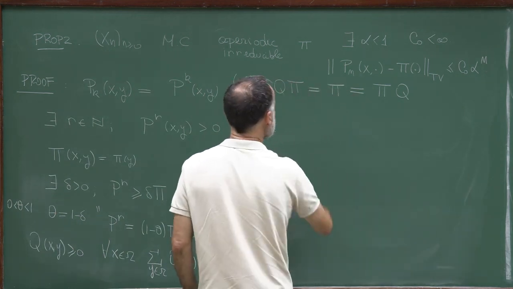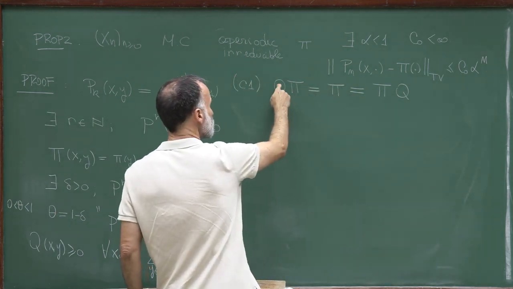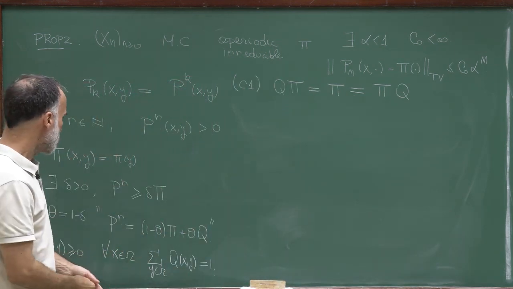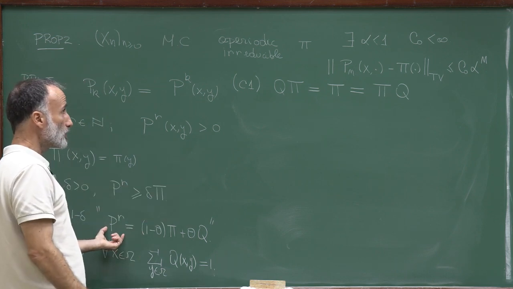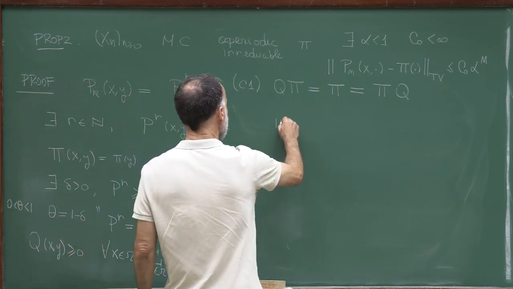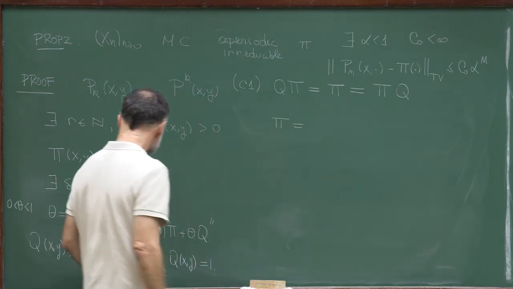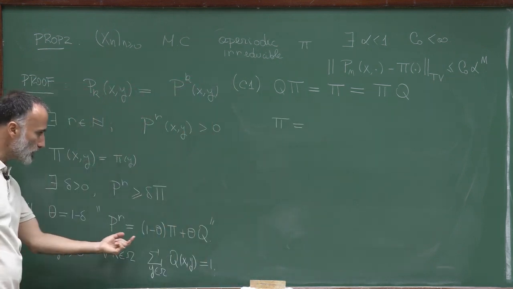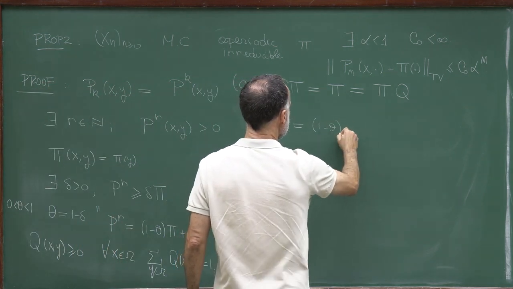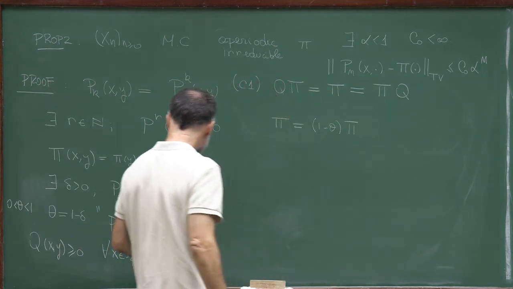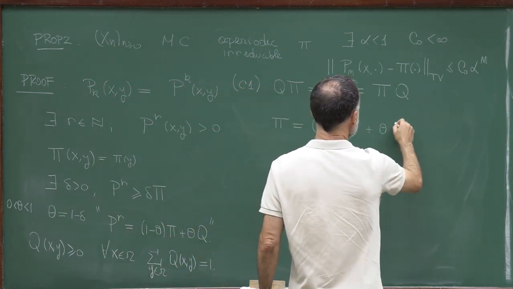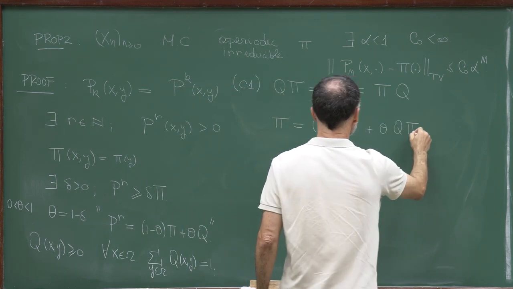So what I proved is that this identity holds for Q equal to P^r and for Q equal to pi. So if I take a product on the right with pi, what I get is pi on the right equal to (1 minus theta) pi squared, but pi squared is pi, plus theta Q pi.